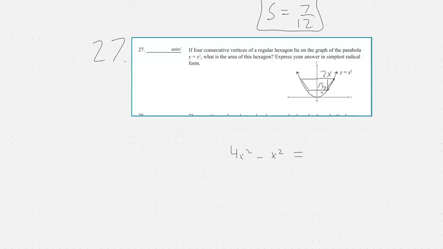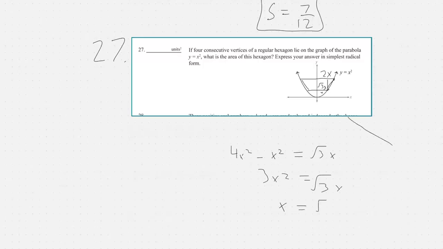And then 3x squared is root 3x. And x is just, well, x can't be 0 because then you don't have a hexagon, you just have a point. So x is root 3 over 3.